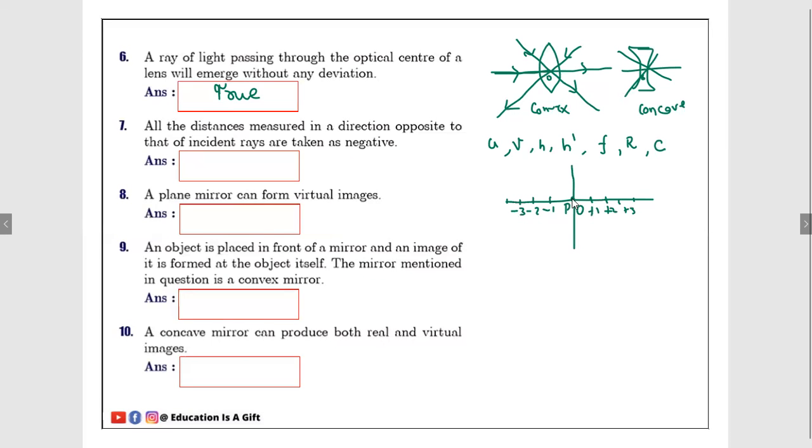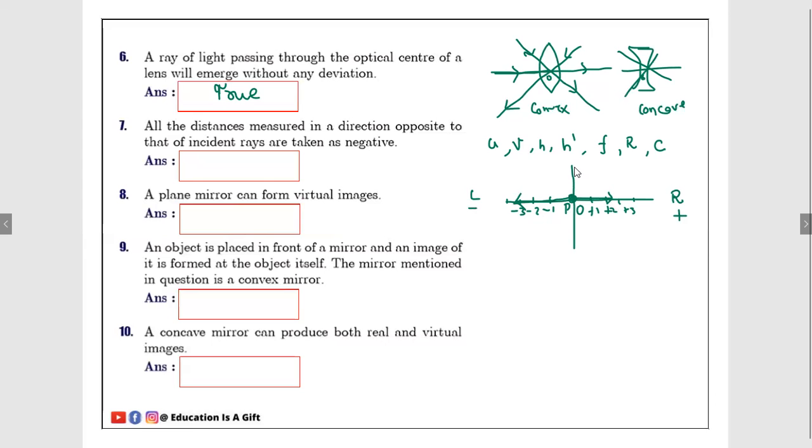So if you consider this your right hand side and this your left hand side, if you are moving towards the right, it will be positive. You have to consider P or O as a reference point. From P or O, if you are moving towards left, it will be negative.